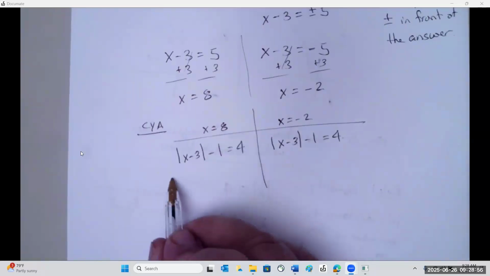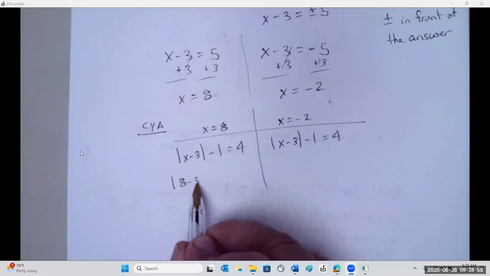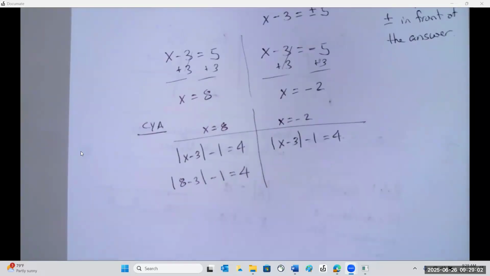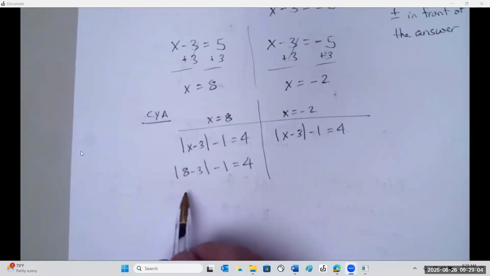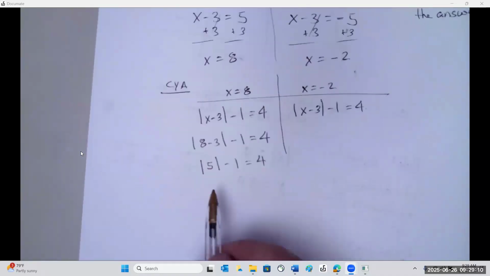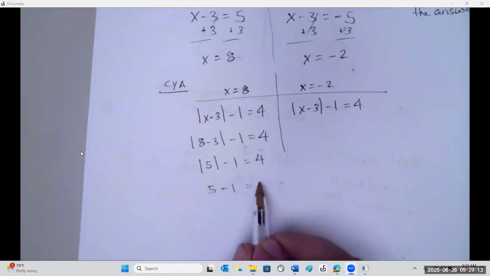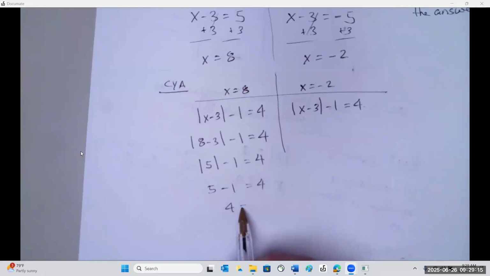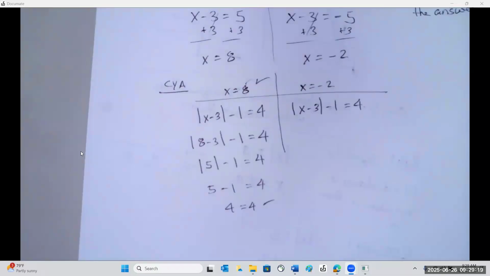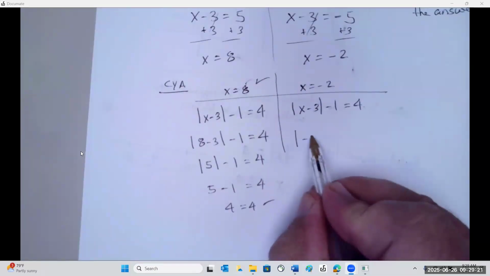So plug them in there. 8 minus 3, absolute value, minus 1. Does that equal 4? What is 8 minus 3? What's the absolute value of 5? 5 minus 1, so 4 equals 4. So that works.